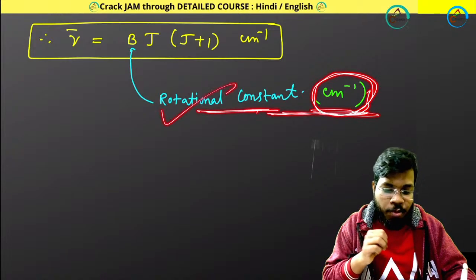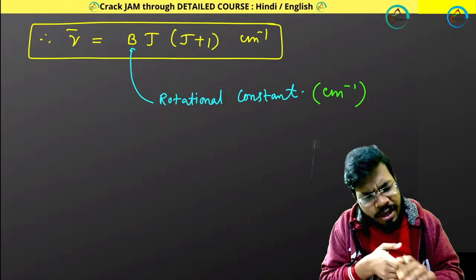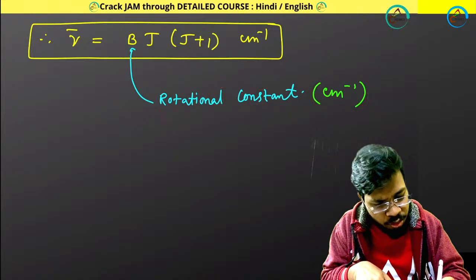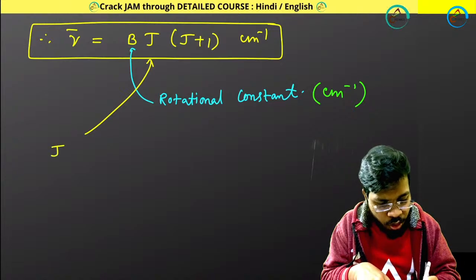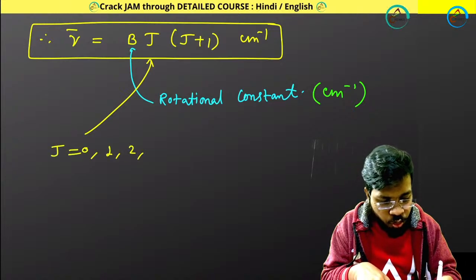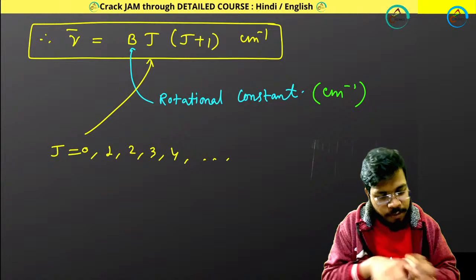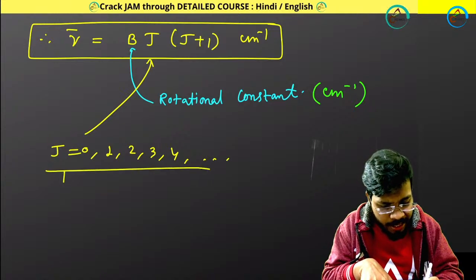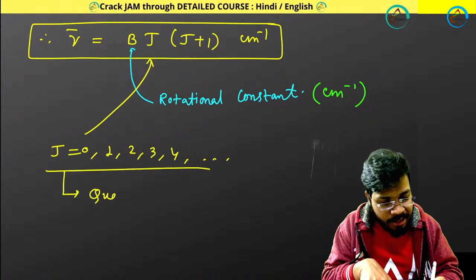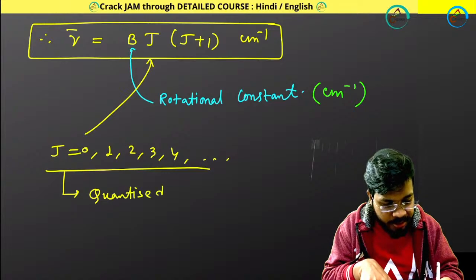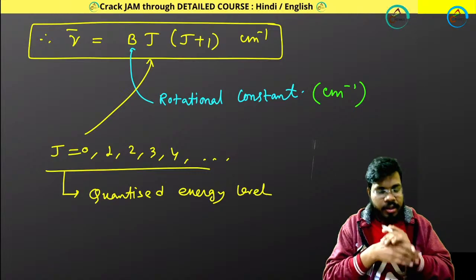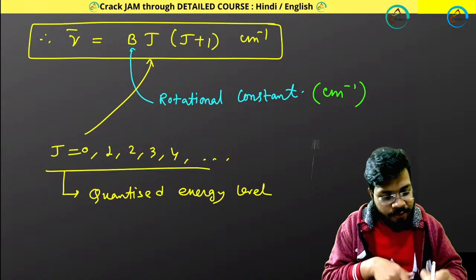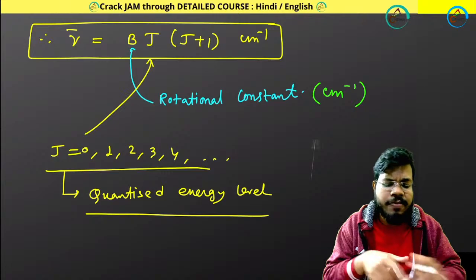Okay, so that's important. Now as I already told you, this j has values 0, 1, 2, 3, 4 and so on, and because of that you will be getting quantized energy levels. So how would you get those? It's very simple.